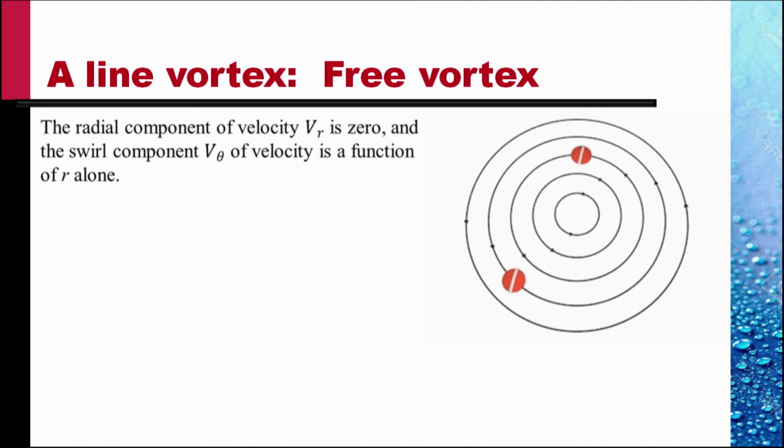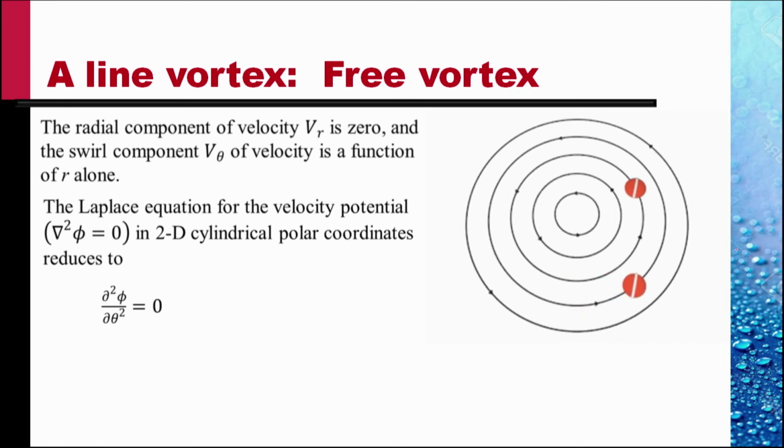The radial component of velocity Vr is 0 in this case, and the swirl component V theta is a function of r alone. So the swirl component is not a function of theta.